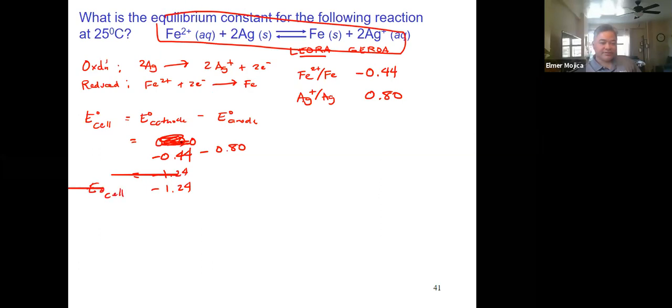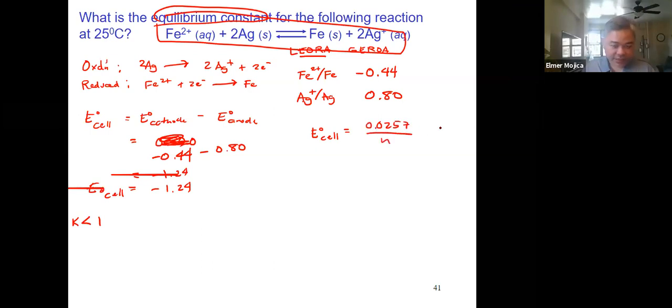And how would you predict the equilibrium constant with this one? A negative cell potential will give you what? A K that is less than 1. So how are we going to solve it? You have there E cell equals 0.0257 divided by n, ln K. So you have now this value, which is negative 1.24.